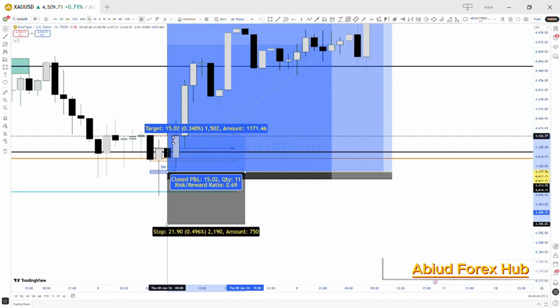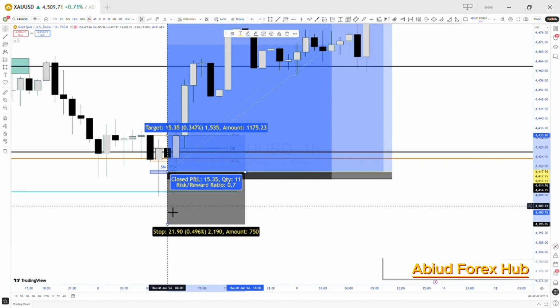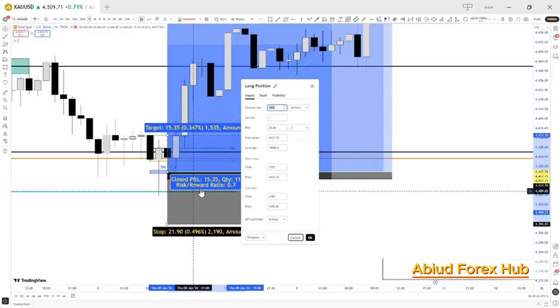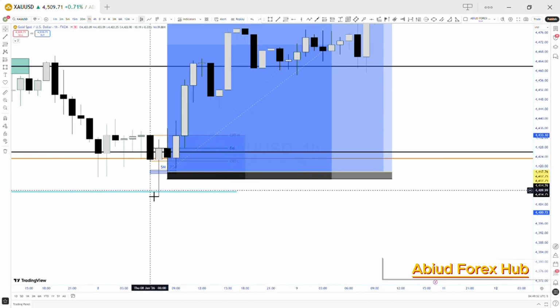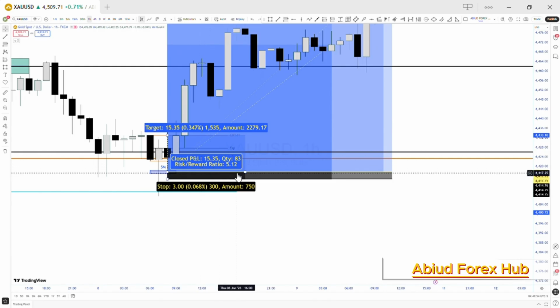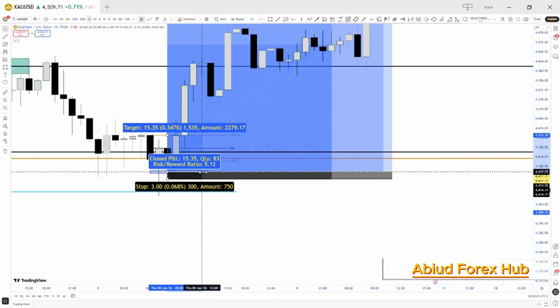150 pips, right? 150 pips, and at 300, let me change this to 300. That's around 30 pips, right? So our risk reward ratio would be this, right? Risk reward ratio would be 1:5. So you'd get that, this level.